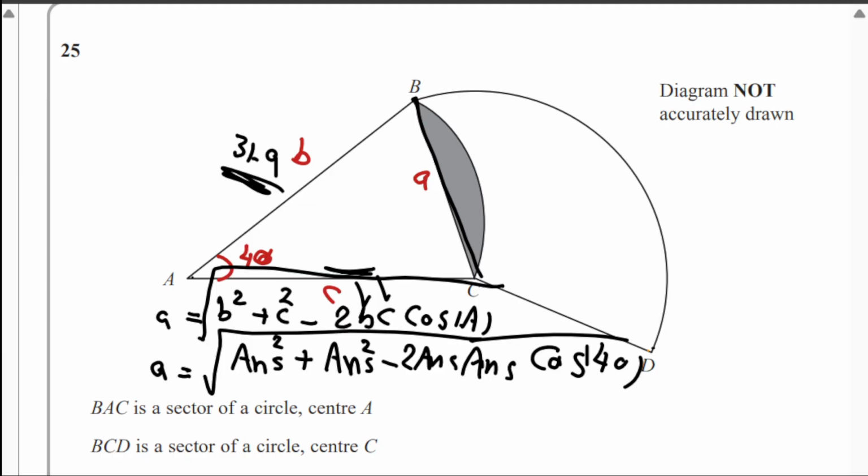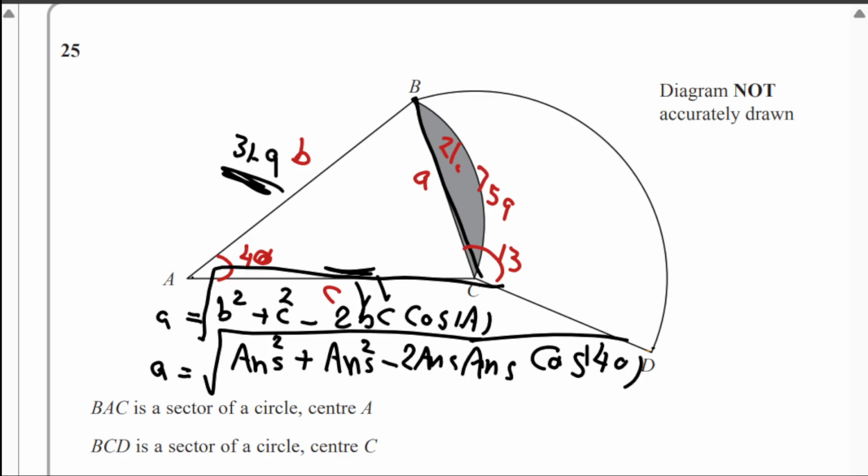Let's do that. You ready? Now, the square root of answer squared plus answer squared minus 2 times answer times cosine 40. That gave me 21.759.